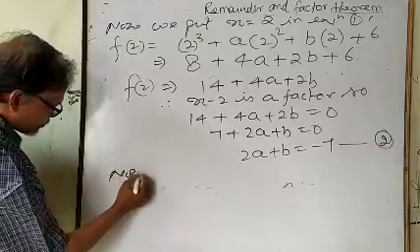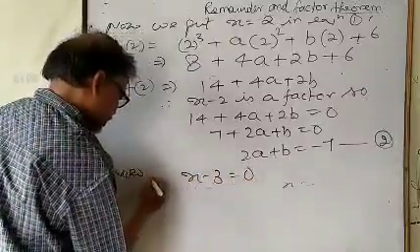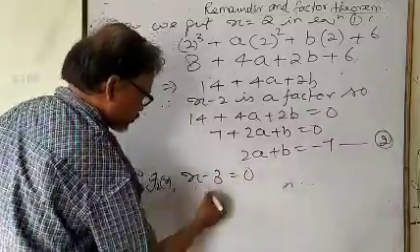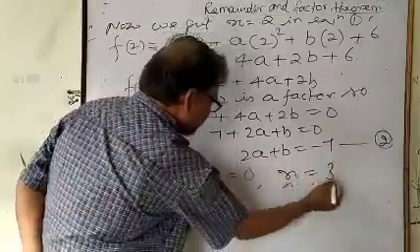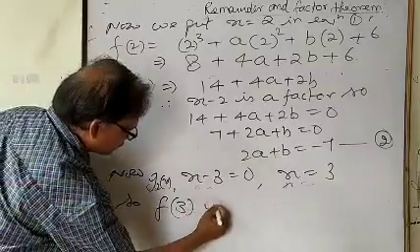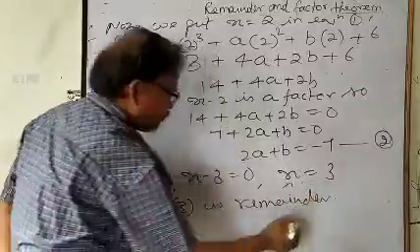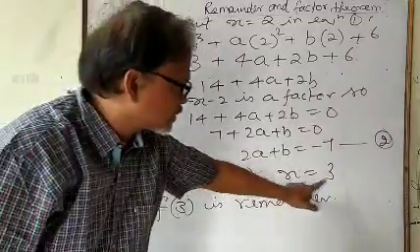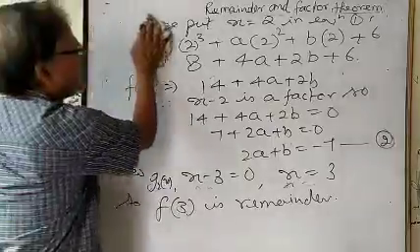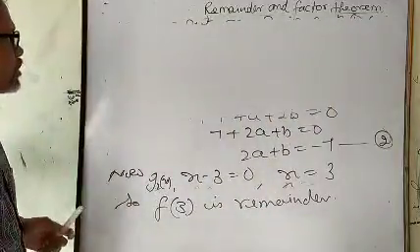Now, x minus 3 is equal to 0 means g2x. x minus 3 is equal to 0, so x is equal to 3. Therefore, f3 is the remainder. And then again we put the value x is equal to 3 in the same equation number 1, and we will get one more equation.